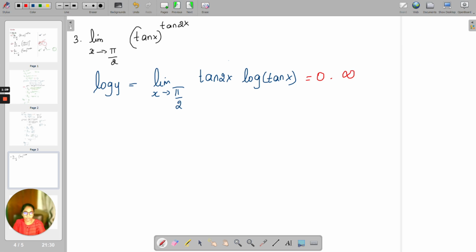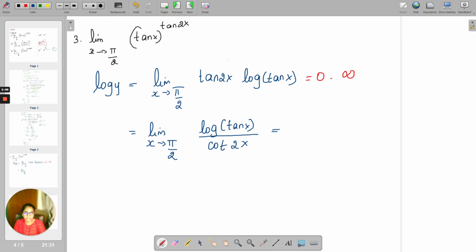If you don't know what an indeterminate form is, please pause and get back to our previous videos. Since this is an indeterminate form and it is not in 0 by 0 or infinity by infinity form, let me simplify. We know that the reciprocal of tan x is cot x, so let me write it as limit x tending to pi by 2 of log of tan x divided by cot 2x.